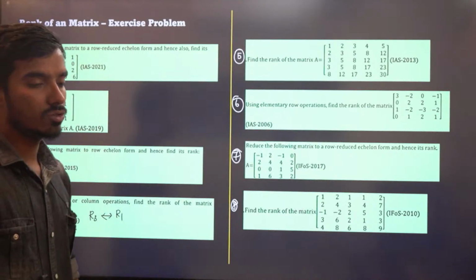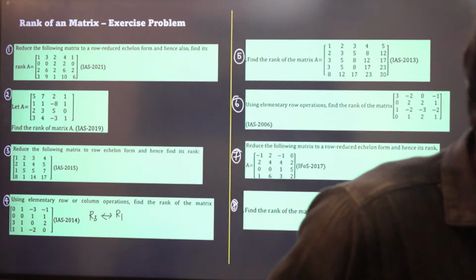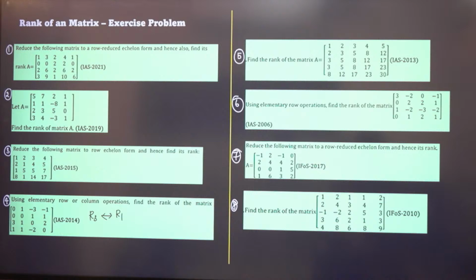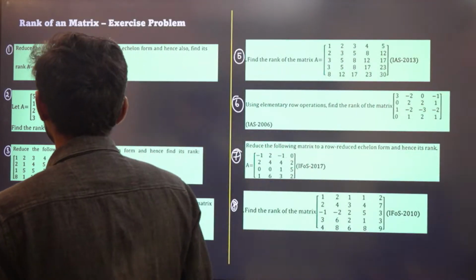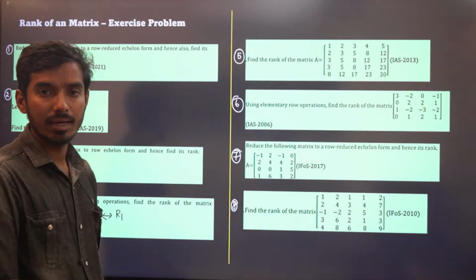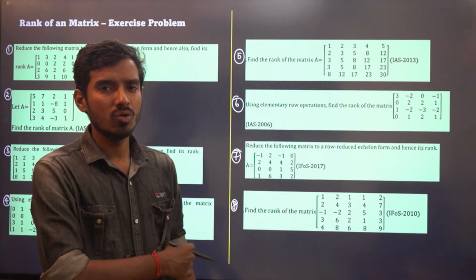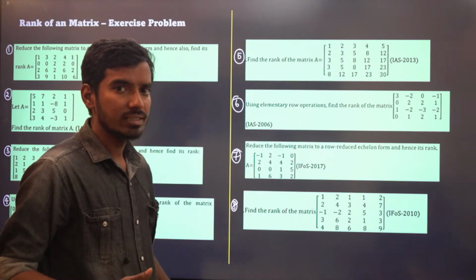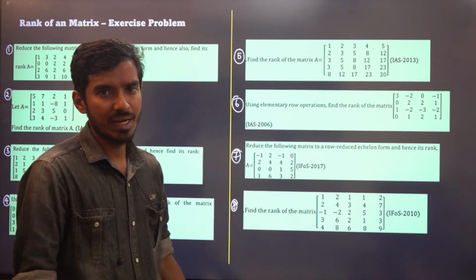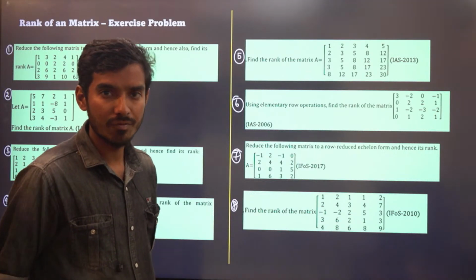Find the rank of a matrix. See, in Google, you can also find a website. You just type rank of a matrix calculator. Go to Google and just type rank of a matrix calculator. There are many websites. Go to the first website. They will ask the dimension of the matrix, that is, the number of rows and number of columns.